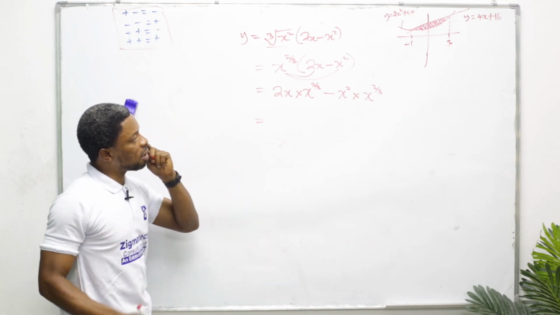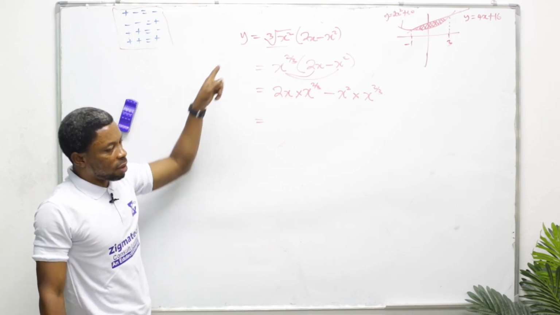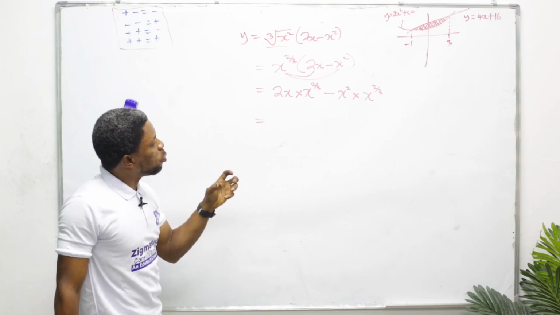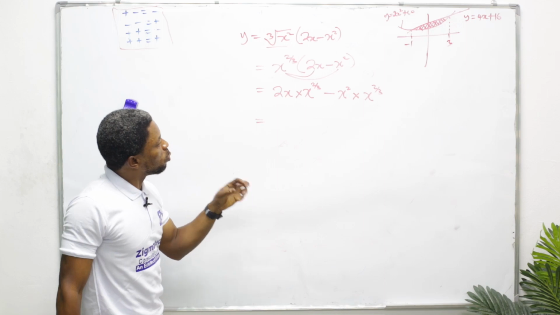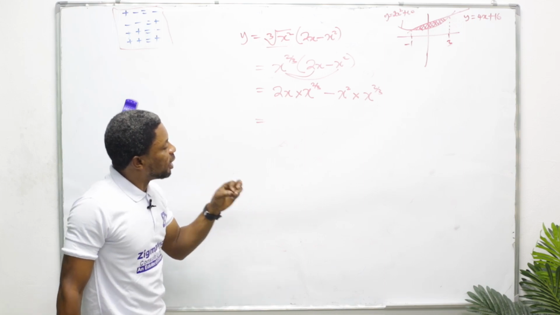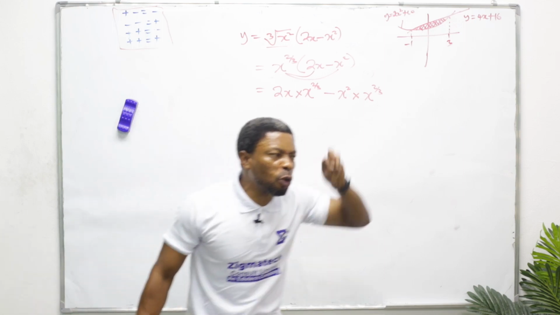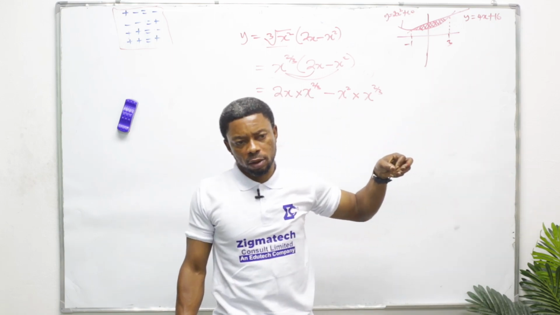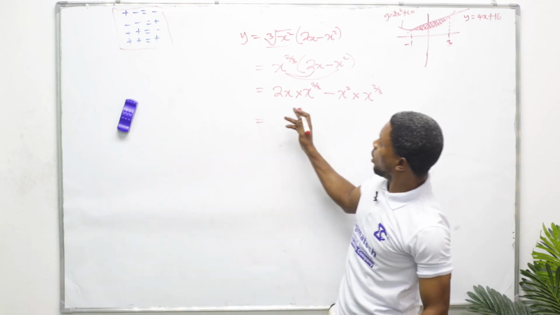Do you notice something? This is indices, inside differentiation. That's why I say you must build yourself in the area of employing knowledge, borrow knowledge from other topics. Like, look at what we have here now.